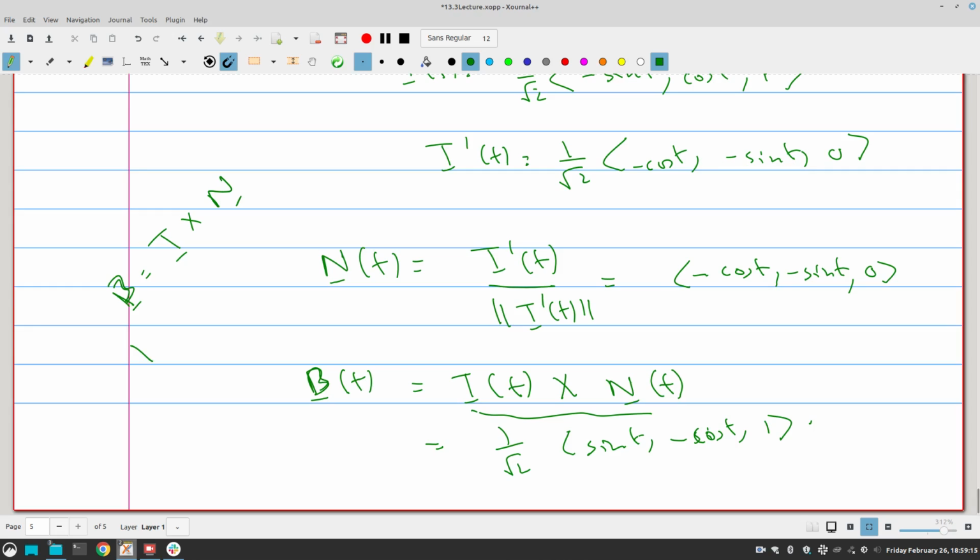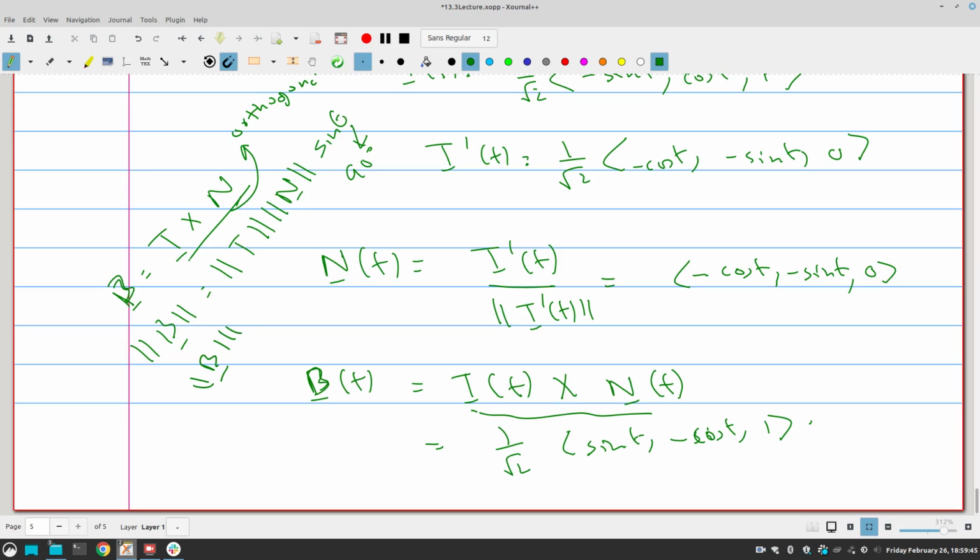And the magnitude of this is the magnitude of the tangent vector times the magnitude of the normal vector times sine theta. But theta is 90 degrees. Why? Because these two are orthogonal. And of course, this is 1, this is 1. So this is equal to 1. So the binormal vector is guaranteed to have magnitude 1.